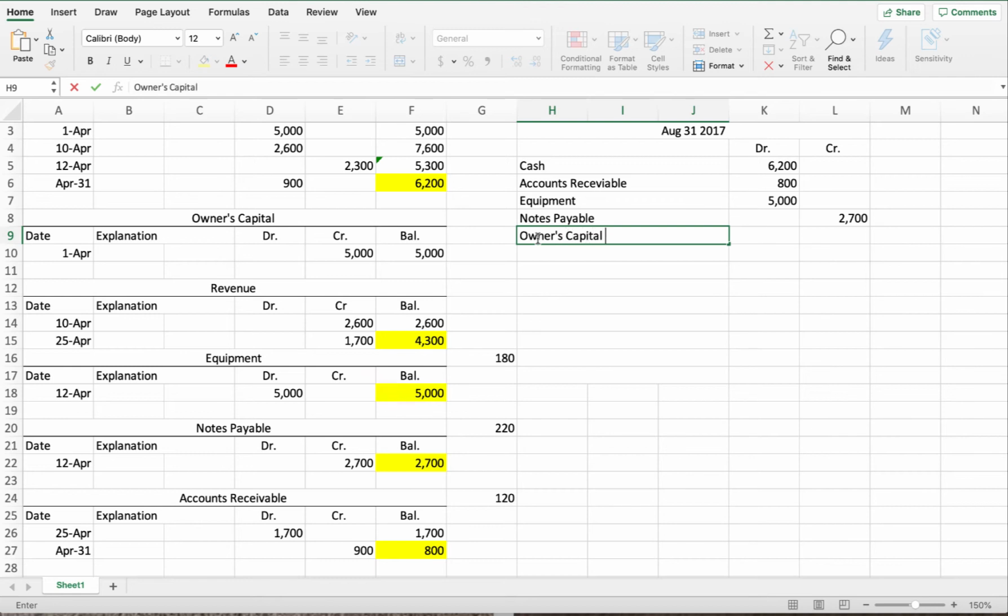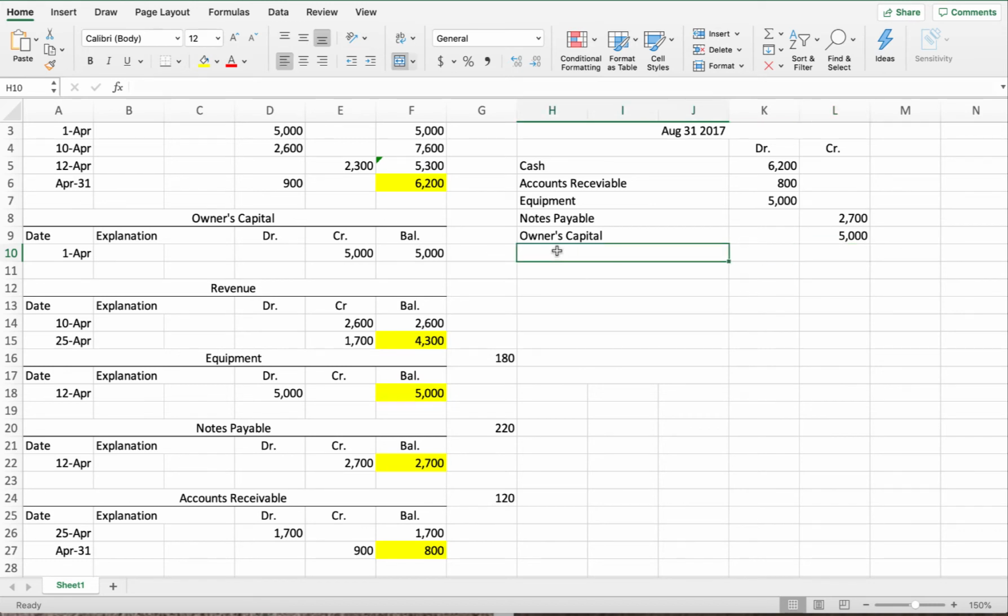Again, I need to know the balance, so I go to the ledger and see what the last balance is. Then I have to think: owner's equity, how does it increase? It increases with the credit, so credit must be the normal balance side. I'm going to put that amount in my credit column on my trial balance.